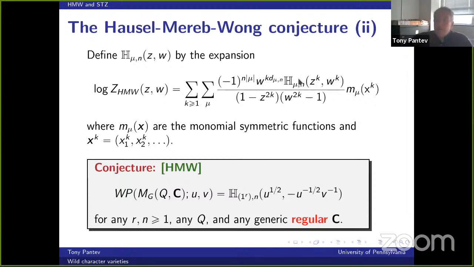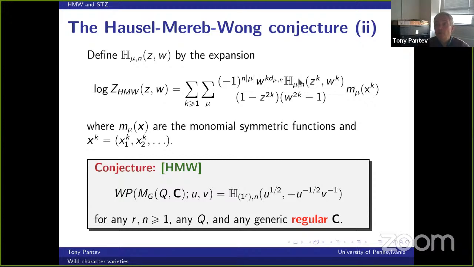So there is something missing in the non-abelian Hodge correspondence because of the stability. There is something missing when you're dealing with stackiness.